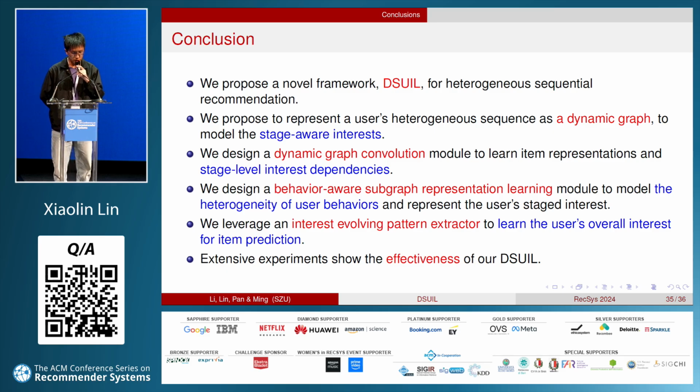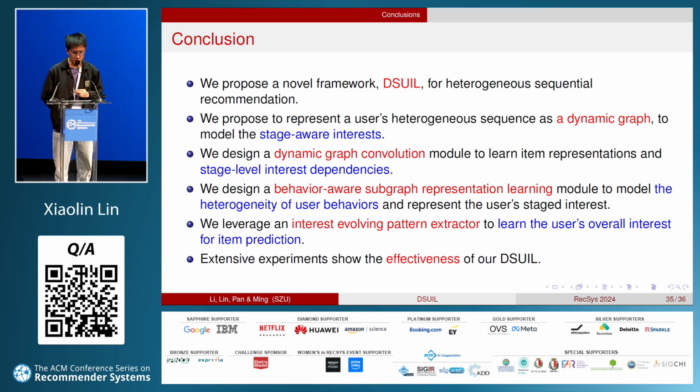We draw a conclusion. We propose our novel framework, DSUIL, for heterogeneous sequential recommendation. We propose to represent the user's heterogeneous sequence as a dynamic graph to model stage-aware interest. We design a dynamic graph convolution module to learn item representations and stage-wise interest dependencies.